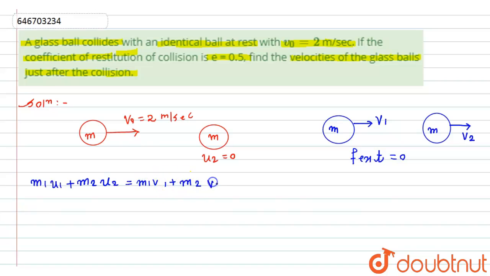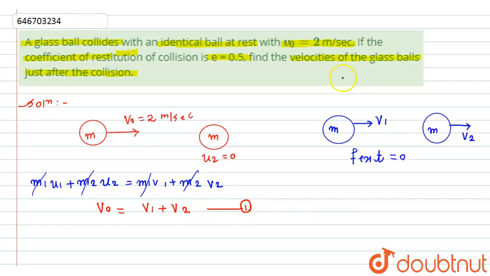Now the masses are equal and hence they cancel out, while u2 is 0 here, so v0 will be equal to v1 plus v2. Let this be equation number 1.